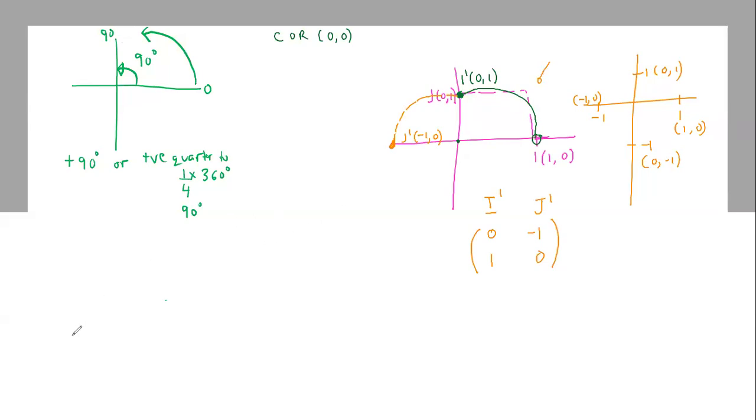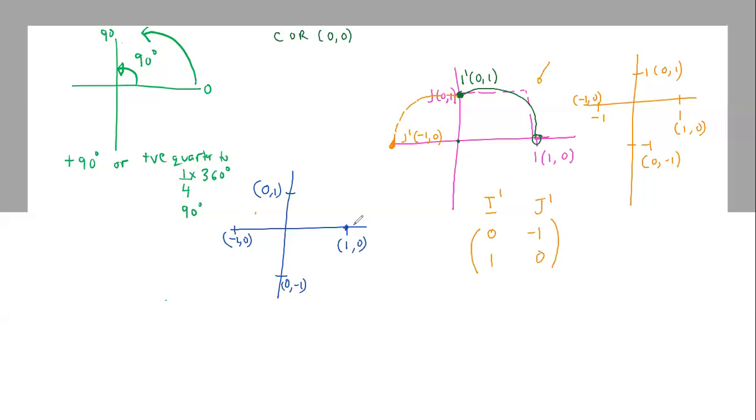Let me give you another one. In case I'm told to rotate, remember, this is your 1, 0, this is your 0, 1, this is our -1, 0, and this is our 0, -1.